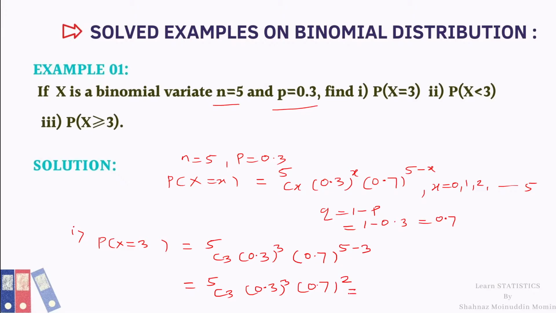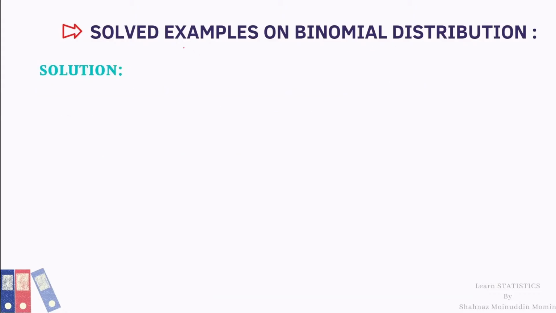By calculating with the help of a calculator, we get the answer 0.1323. This is the probability of x equal to 3 if we are given n equal to 5 and p equal to 0.3. Now we shall calculate probability x less than 3.